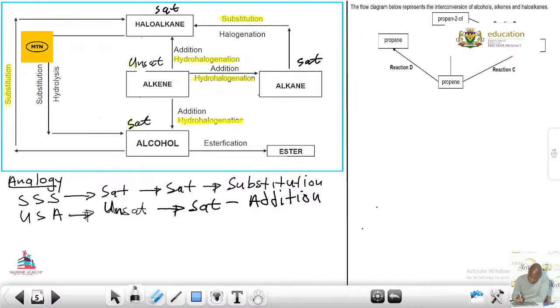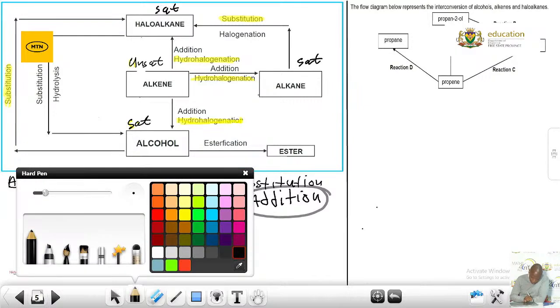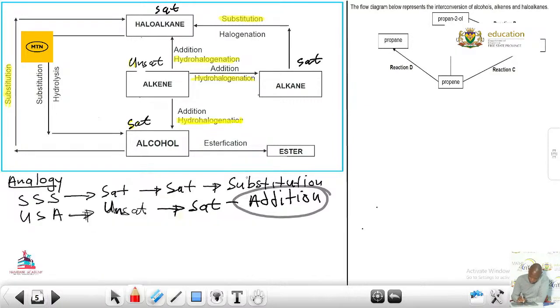With addition come reaction conditions. We should not omit reaction conditions. Reaction conditions are very, very important. They are a guideline of the hints that the examiner will give in terms of what type of addition it is.